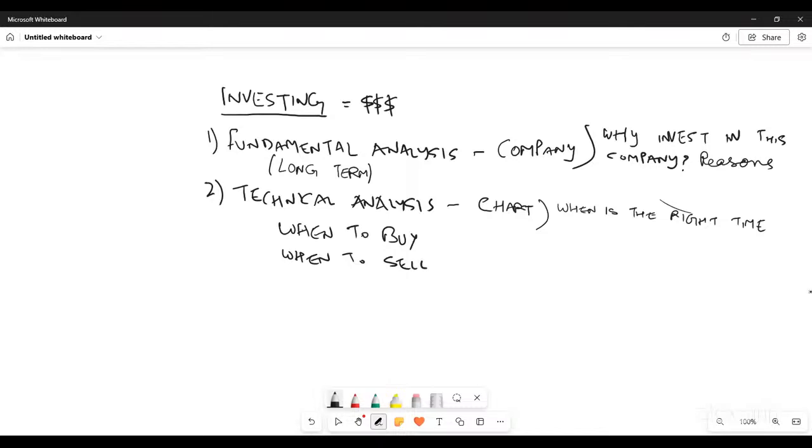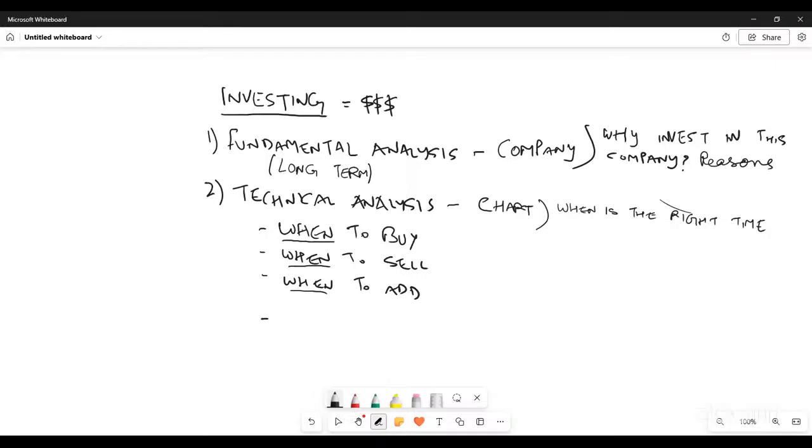Or, it can tell you another thing, when to add to your position. But everything revolves around when. When to buy, when to sell, when to add.